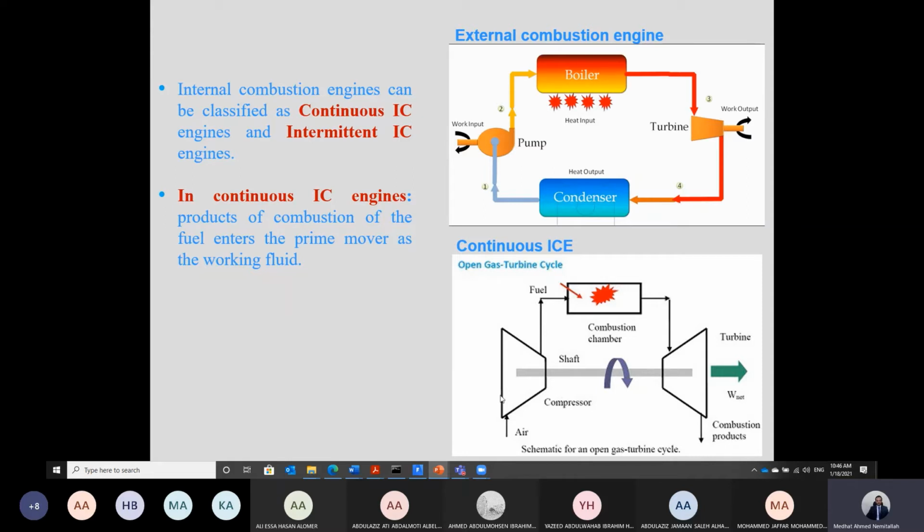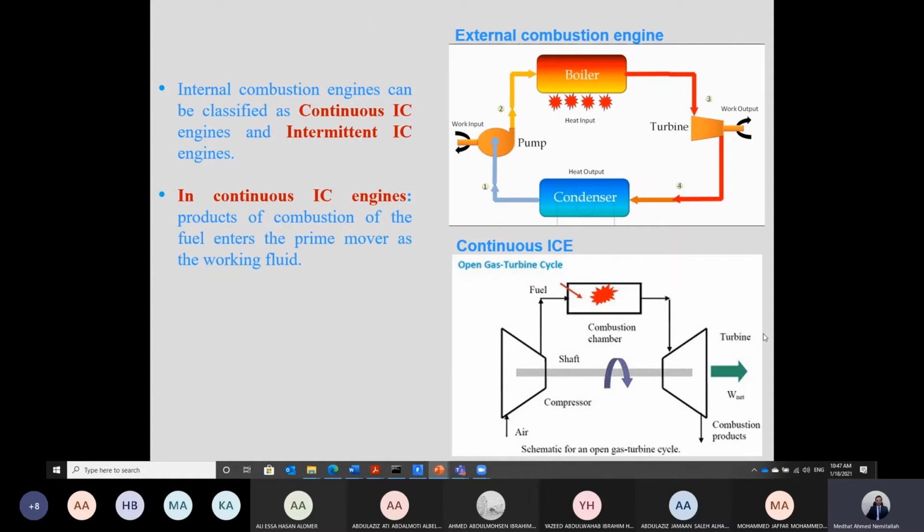It will be taken back by the compressor, and the cycle will be repeated again. So in this case, Shabab, we burn the fuel in one unit, and then we heat up the working fluid. The working fluid is used to generate the power in another unit. So in the case of a closed cycle gas turbine, we consider the cycle as external combustion, because we burn in one unit and we get the power in another unit.